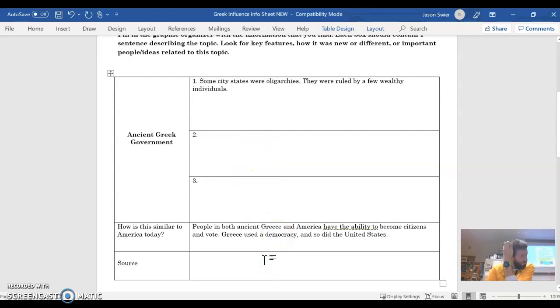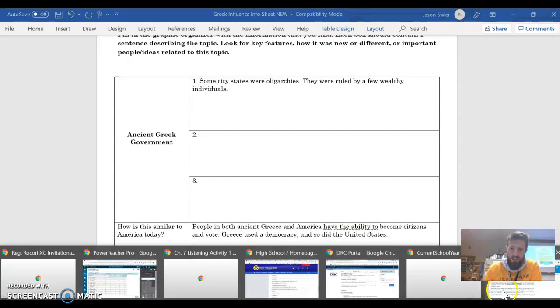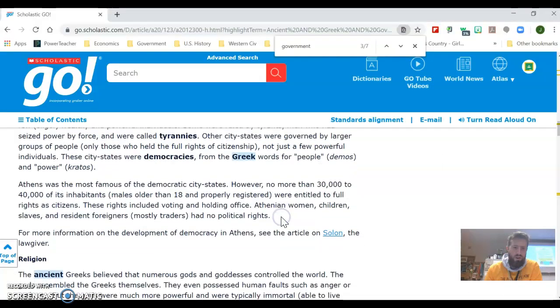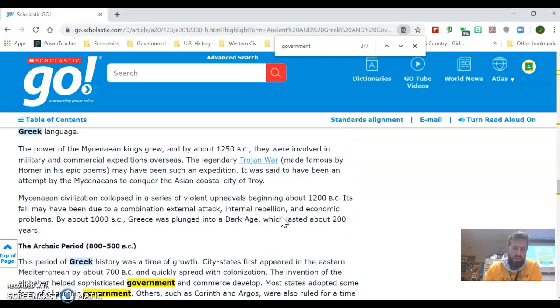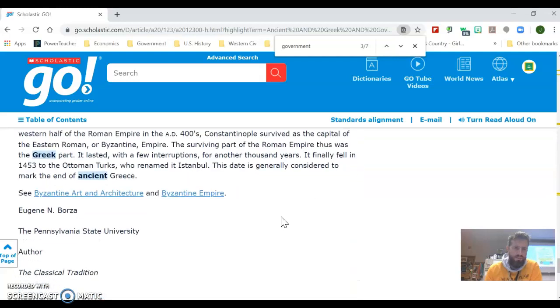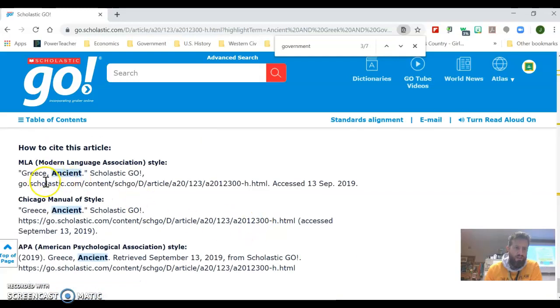And then lastly, in the source, this is really easy for us as I look at the scroll here. If I come all the way to the bottom of the page, I'm just going to scroll way down. And down here I find MLA citation, right? You're doing this on paper, so it's not going to be quite as easy for you. You're going to copy it by hand, but I'm just going to grab here.